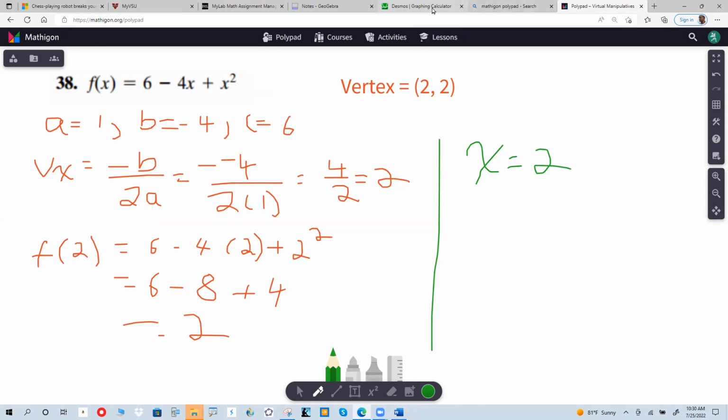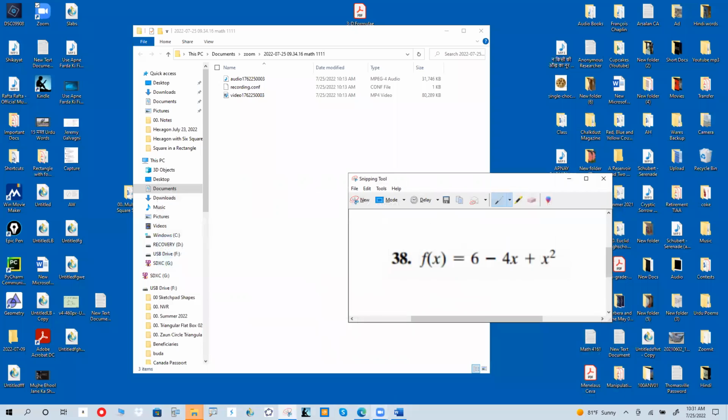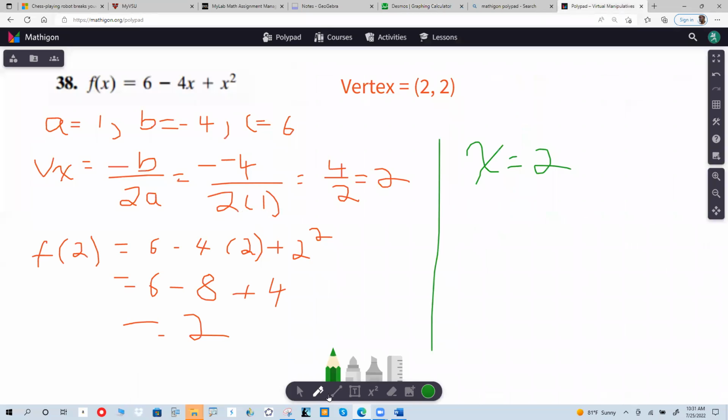Well, let's look at this. The domain will always be negative infinity to positive infinity because this curve goes all the way to the right as it moves up, and all the way to the left as it moves up. So that's the easy part. D for domain is equal to negative infinity, positive infinity.